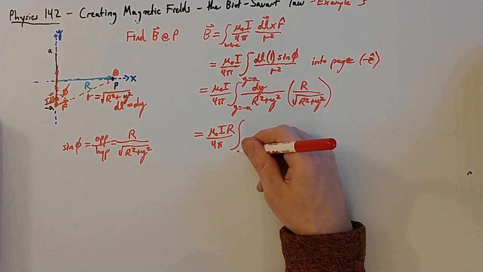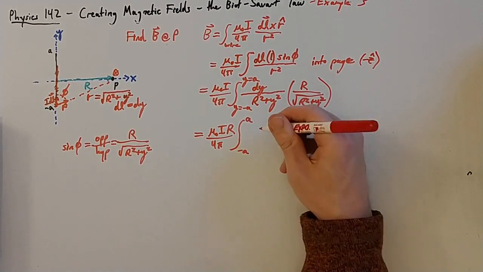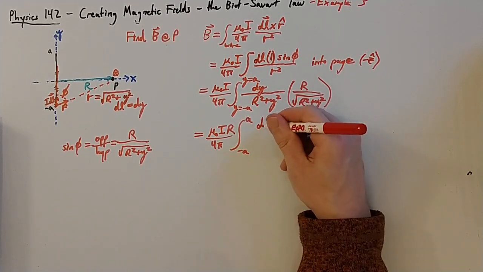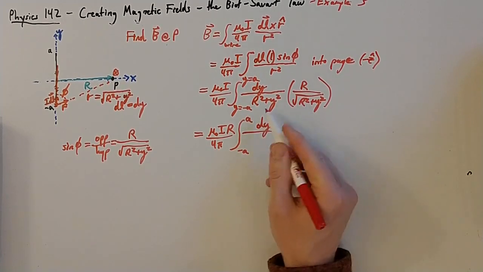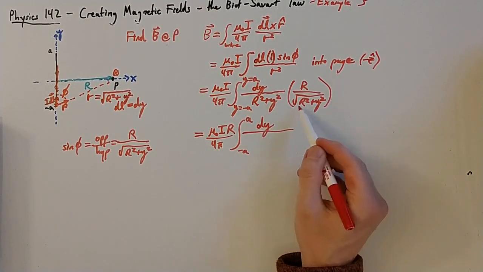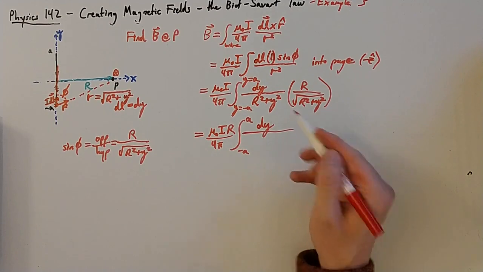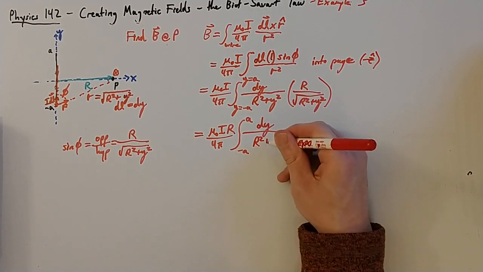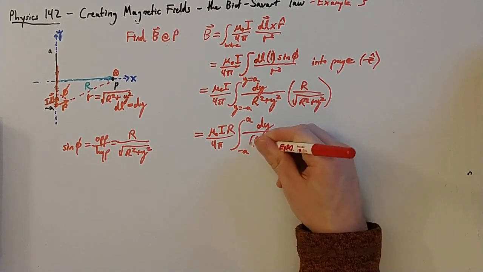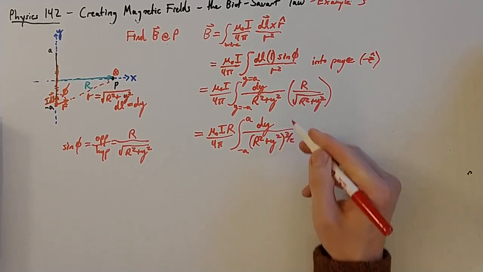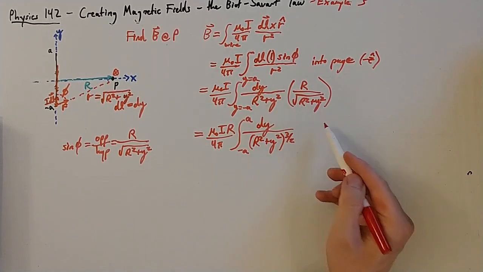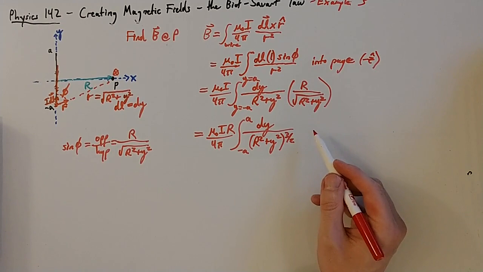We're integrating from minus a to a, dy on top, and on the bottom I have R squared plus y squared times the square root of R squared plus y squared. That's R squared plus y squared to the 3/2 power, multiplying those two things together.